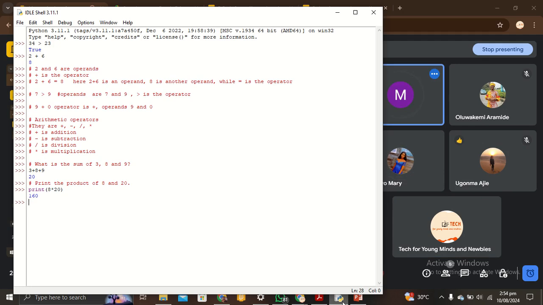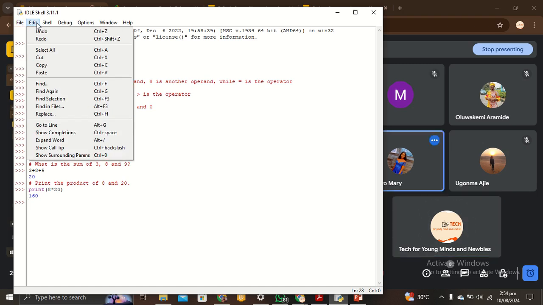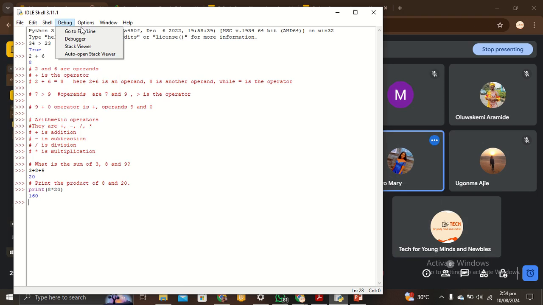8 times 20 is equal to what? 160. 8 times 20 is 160. Can I continue?